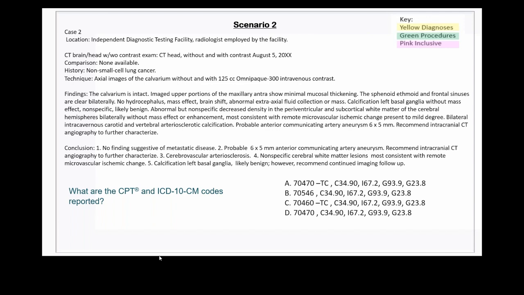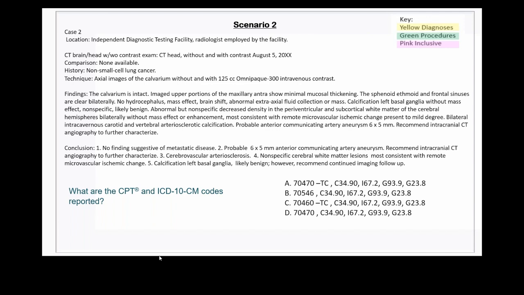C: 70460 modifier TC, C34.90, I67.2, G93.9, G23.8. And D: 70470, C34.90, I67.2, G93.9, G23.8.